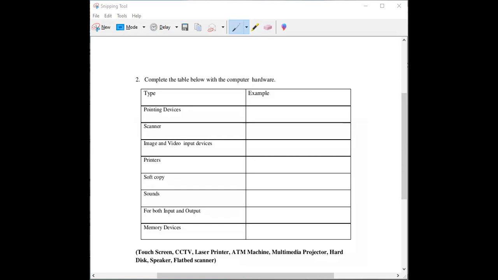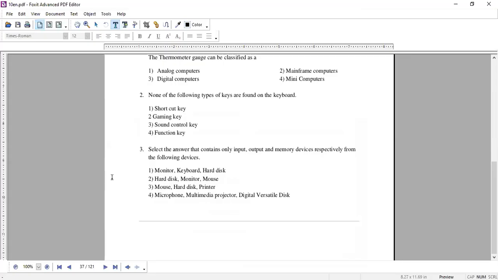Give me a second. For the question, we just had a small problem with this one. Name of the following keys, but I checked, there are some shortcut keys, and when you press the function keys they also work like shortcut keys. Normally in PowerPoint and all that we have some shortcut keys. So you take the better answer, gaming keys. You don't get any gaming keys.